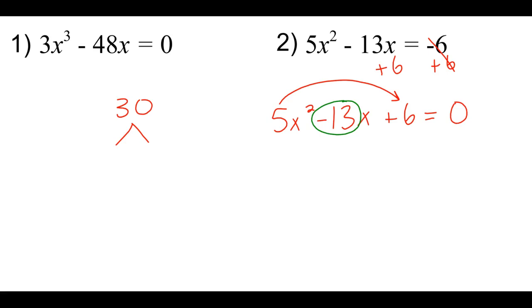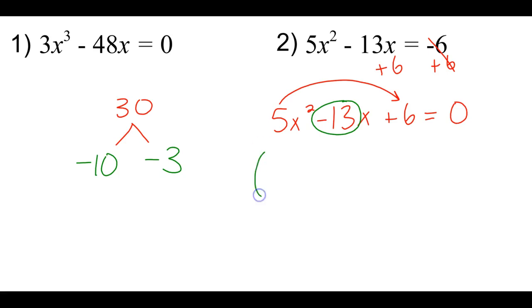But notice this is positive 30. So what's the only way to multiply and get a positive number, but when you add them to get a negative number? They both have to be negative. It is negative 10 and negative 3. Good. So just be careful. Negative 15 and 2 is a good answer, but it doesn't quite work with the pattern.